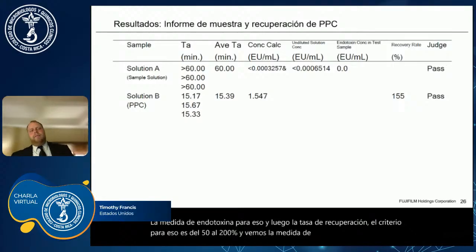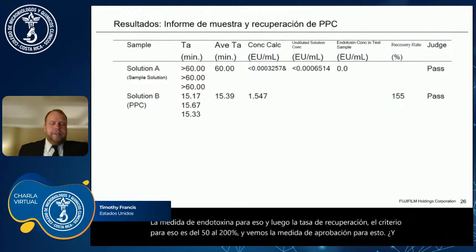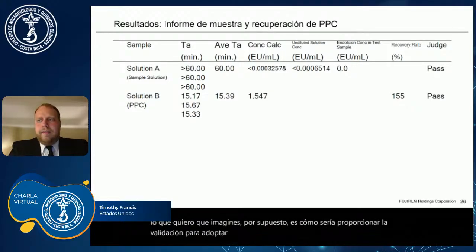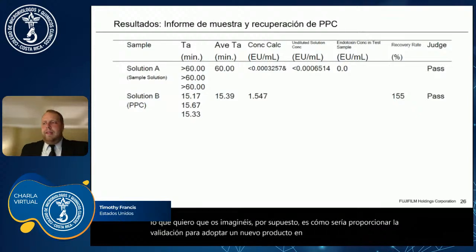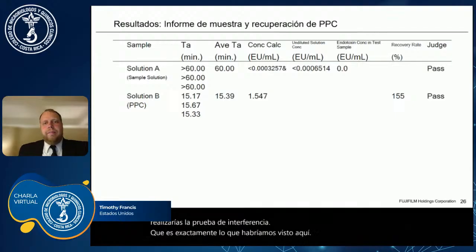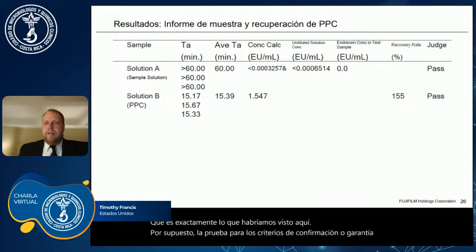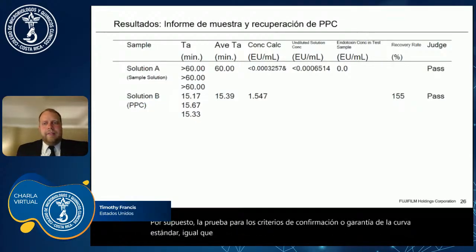So what I want you to picture, of course, is what would it look like to provide the validation for adopting a new product for these test methods. You would perform the test for interference, which is exactly what we would have seen here. Of course, the test for confirmation or assurance criteria of the standard curve, just as you would with the normal bacterial endotoxin test.